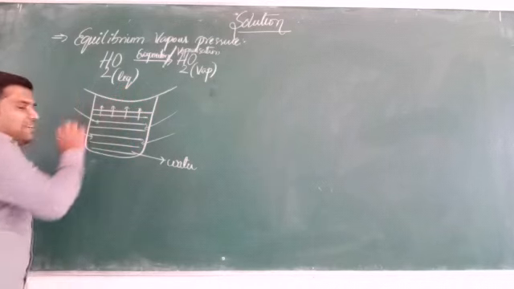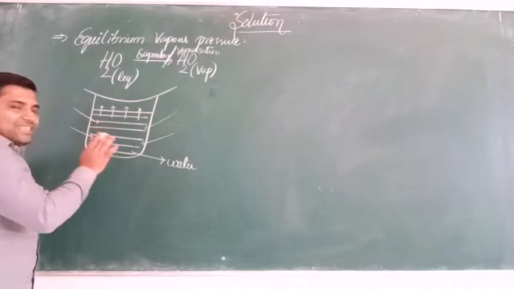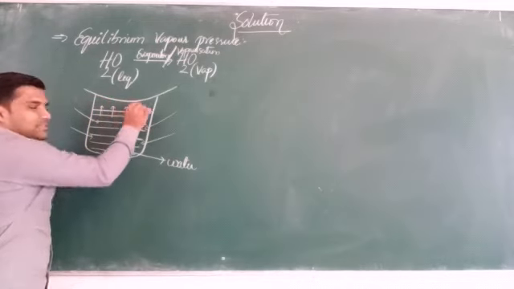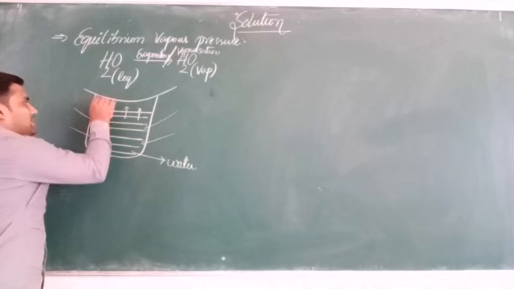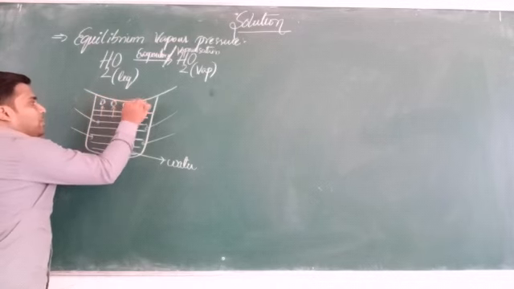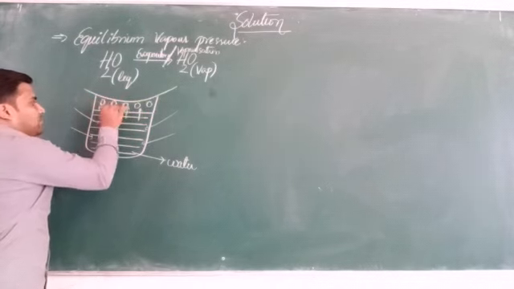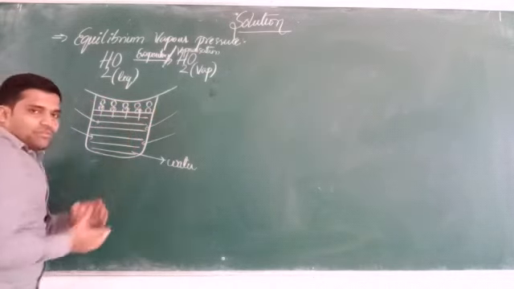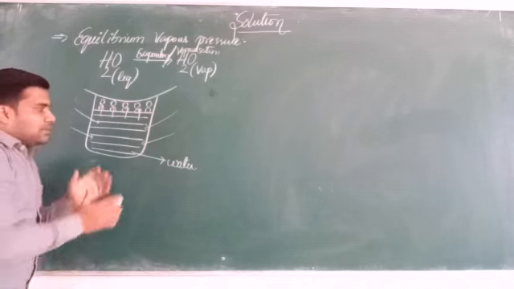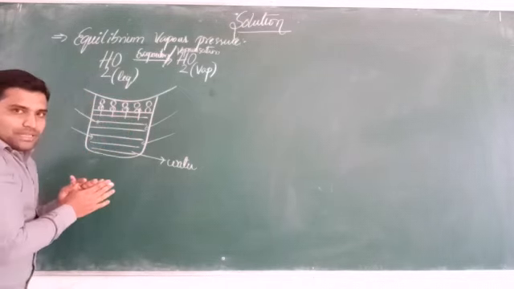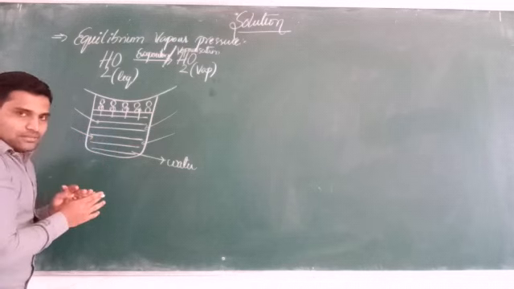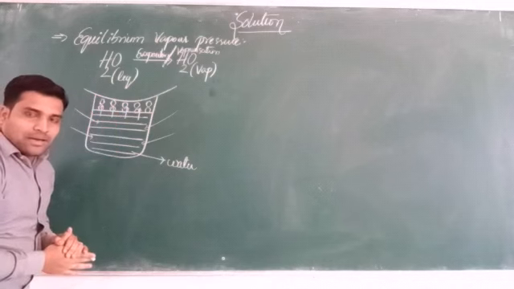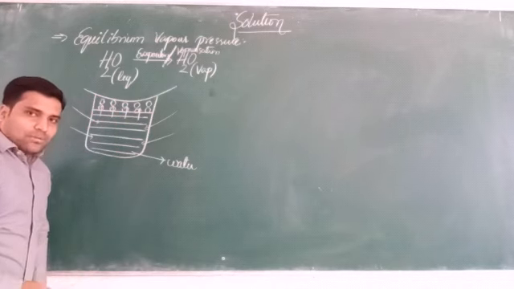Evaporation happens only up to a certain stage. As evaporation goes on, a stage comes where everything is filled with the vapors of water. Because there are more water vapors compared to the liquid phase, there will be attraction between the gaseous molecules.